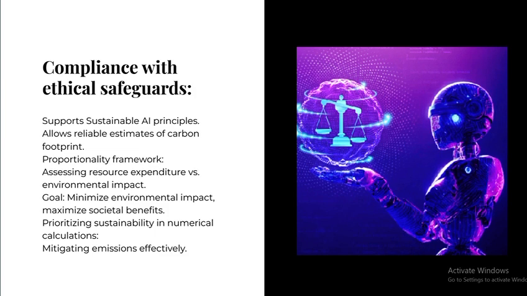A proportionality framework should also be made to assess whether the resources expended in training an AI model for a specific task align proportionally with the carbon footprint and environmental impact related with such activities, supporting the goal of minimizing environmental impacts while maximizing societal benefits altogether. Therefore, when a researcher includes these principles into the numerical calculation process, he prioritizes sustainability and mitigates emissions effectively.